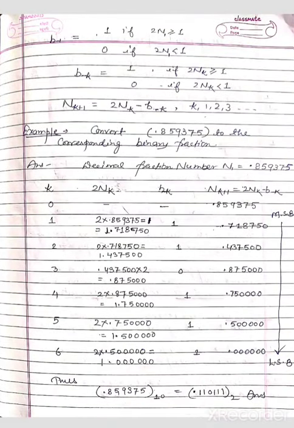Now we have to determine the values of the bits b minus 1, b minus 2, b minus 3. Let us see the procedure. First, b minus 1 equals 1 if 2n1, the given fraction number multiplied by 2, is greater than or equal to 1.